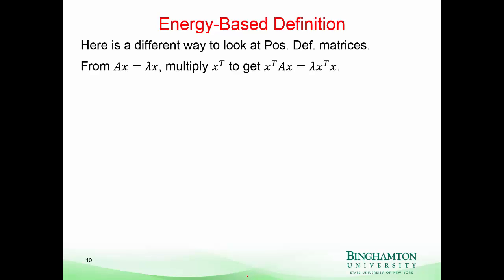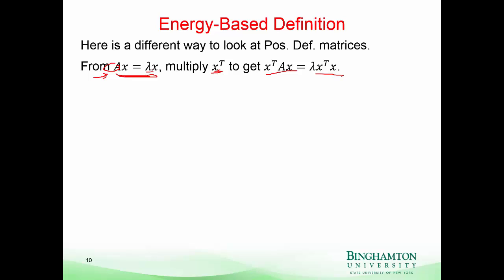So let's start from our eigenvalue, eigenvector requirement. So there's Ax equals lambda x. We're going to multiply from the left by x transpose. So we're coming from the left here. So we get an x transpose over here. So we're going to have x transpose Ax on the left. And on the right, well, we can pass the x transpose through the lambda. And we get lambda x transpose x.